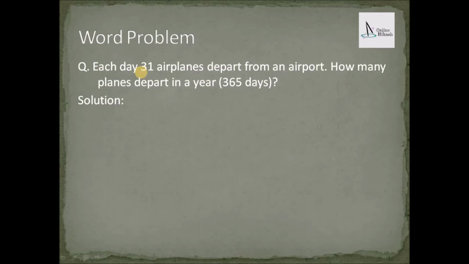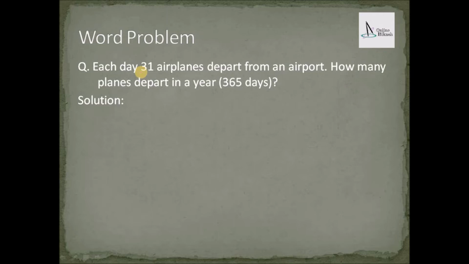So we will have to repeatedly add 31 for 365 days. Repeated addition is nothing but multiplication, so we will take the help of multiplication to solve this problem. We will multiply 365 with 31.